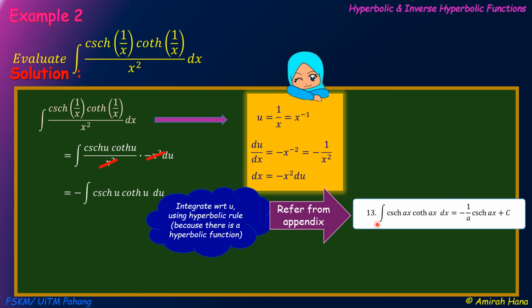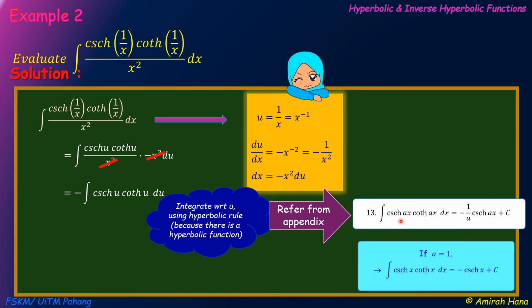Formula number 13: integration of cosec ax cot ax dx equals negative 1 over a cosec ax plus c. If we replace a by 1, we have integration of cosec x cot x dx equals negative 1 over 1, which is negative 1, so negative cosec x plus c.